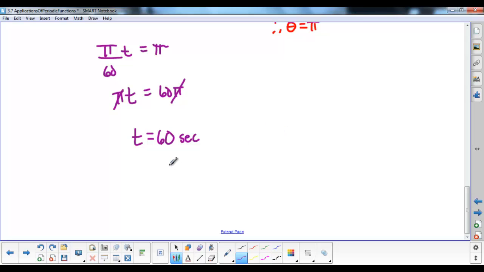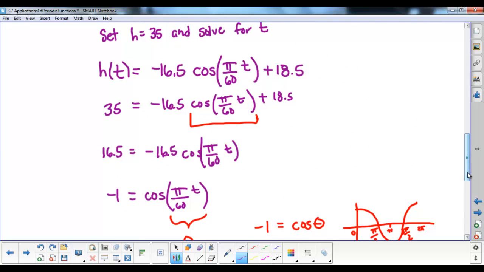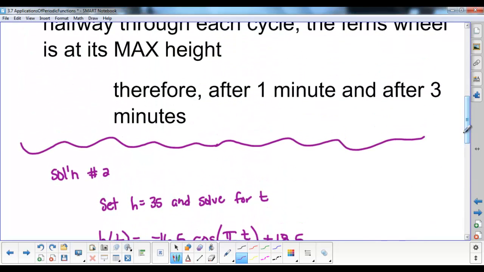So let's go ahead and do that. First max is 60 seconds, second max is 60 seconds plus the 2 minutes, so 120 seconds, and that gives us a total of 180 seconds, which corresponds to our previous answer of 3 minutes.